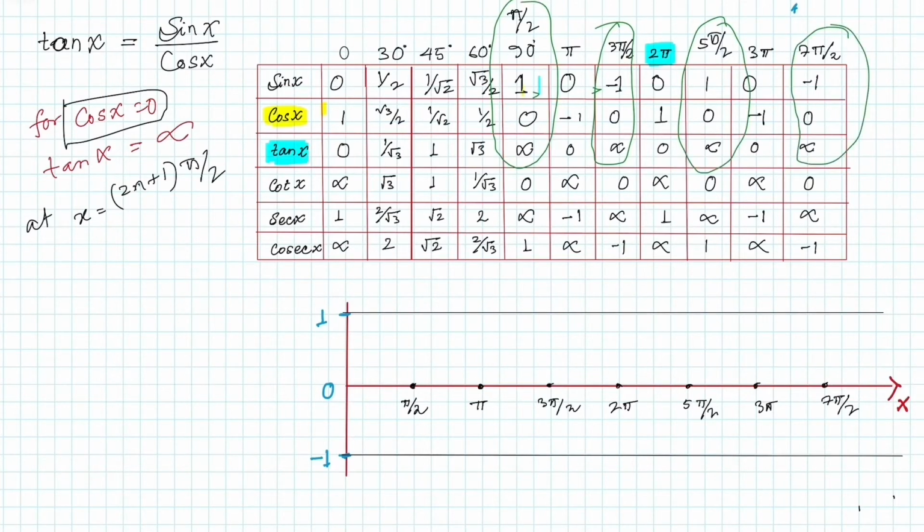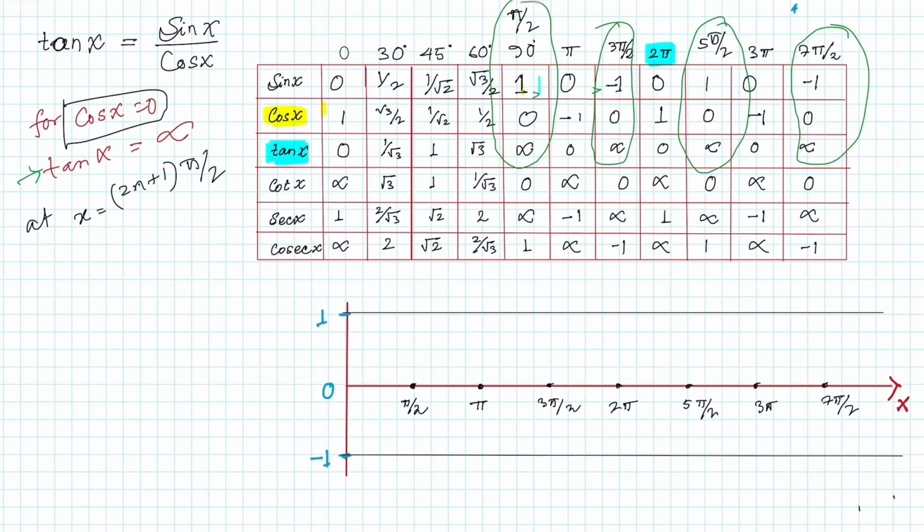And 7 pi by 2. At those points tan x is not defined. So what are the points? Pi by 2, 3 pi by 2, then 5 pi by 2, then 7 pi by 2. Those are all odd multiples of pi by 2, that is (2n plus 1) into pi by 2. At those points cos x is equal to 0, so tan x is not defined.